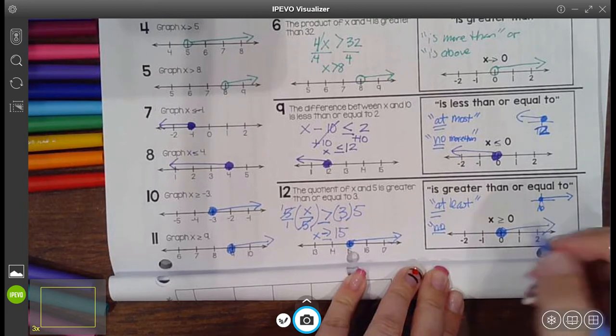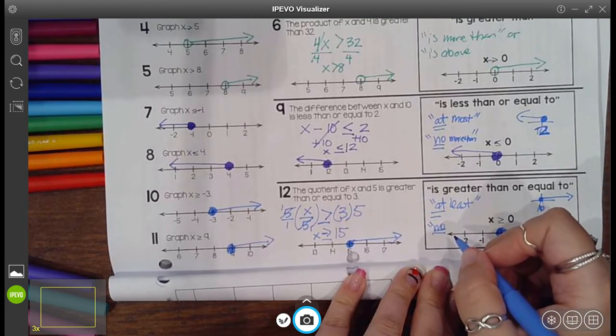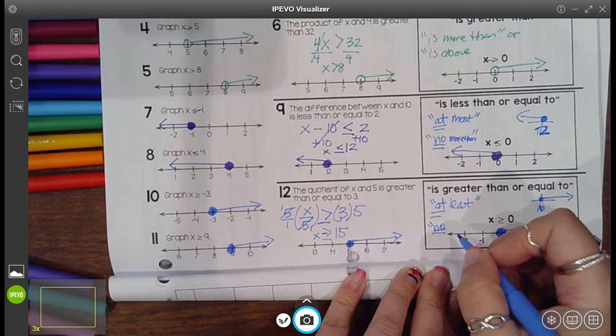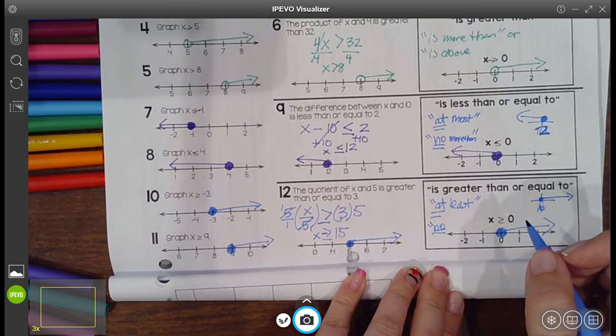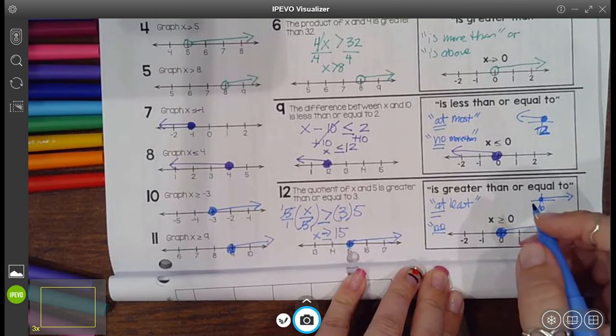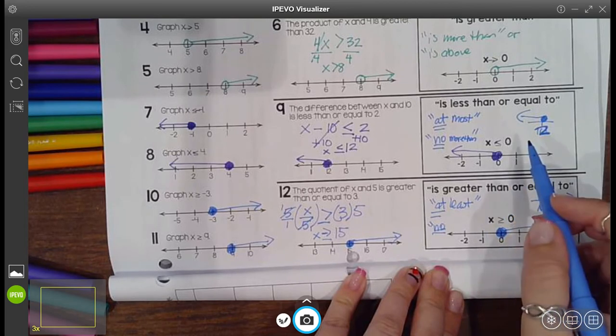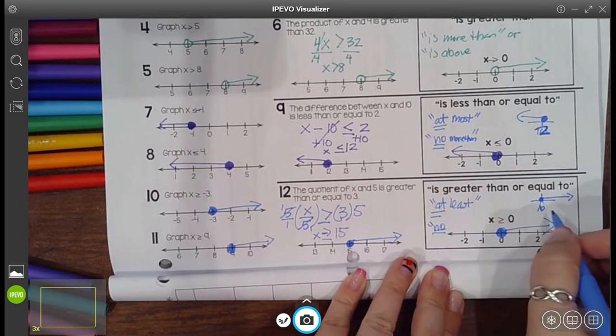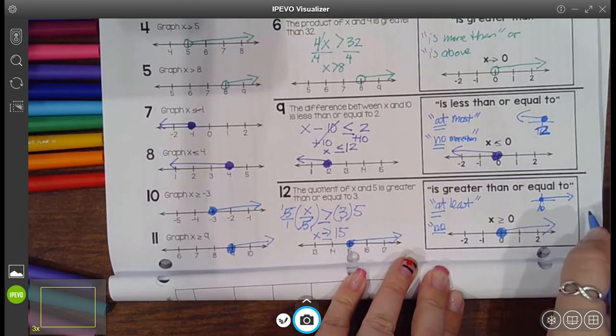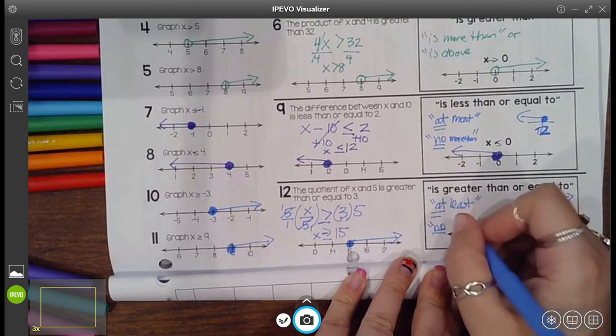And then for this one, if I were to say you can be no less than 16 years old in order to drive legally by yourself, you would think, oh, less than, so it's a less than. No, it's actually a greater than. So like 16, 17, 18, 19-year-olds, they can drive legally by themselves.